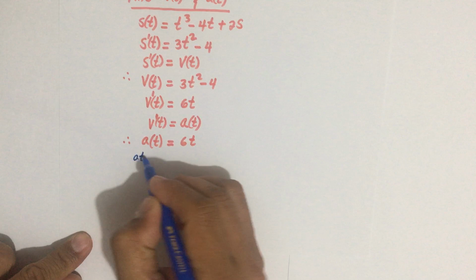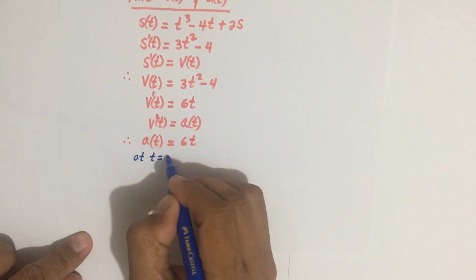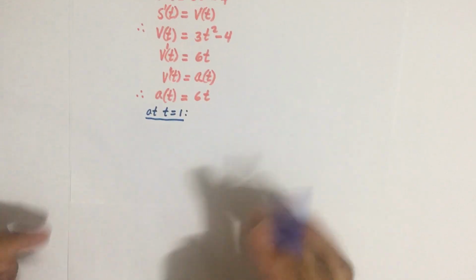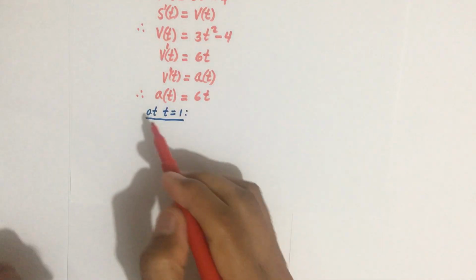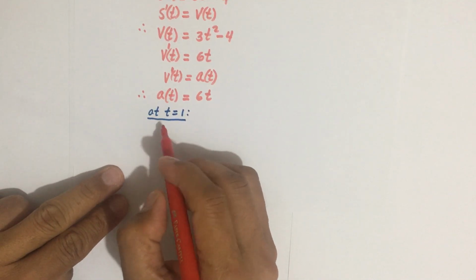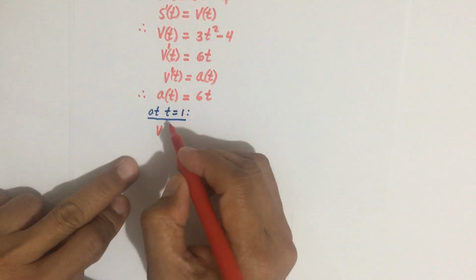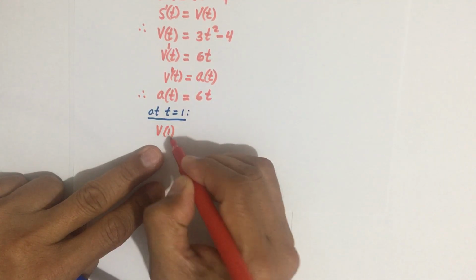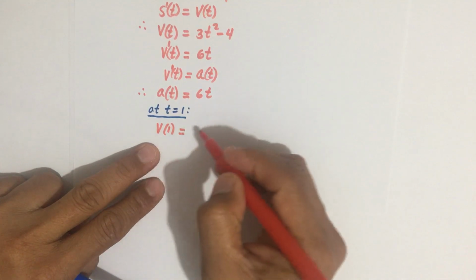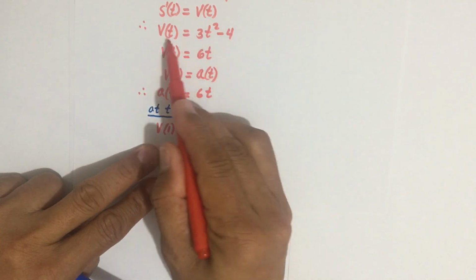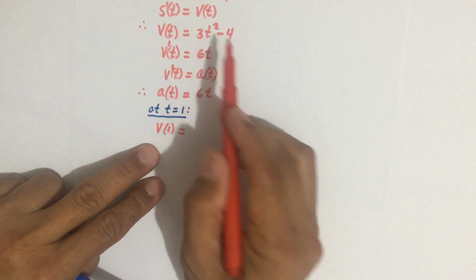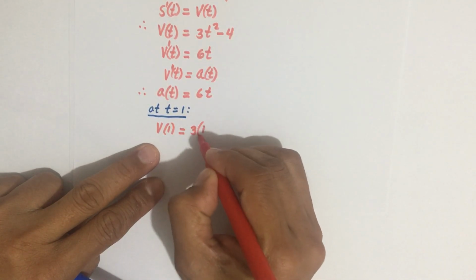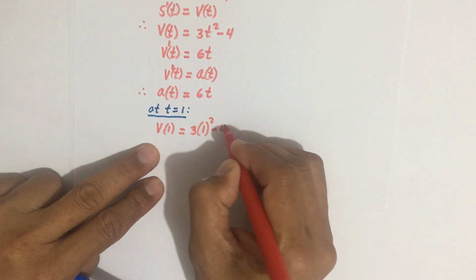So at t equal to 1, we have v1, meaning the velocity at t equal to 1 is equal to, from this expression, 3 times t is 1, so 1 squared minus 4.